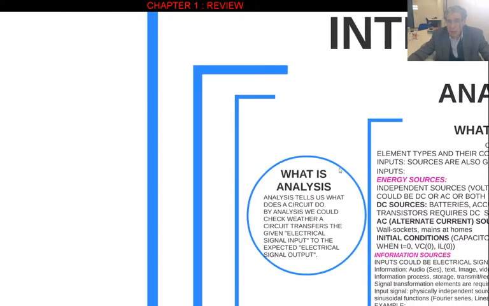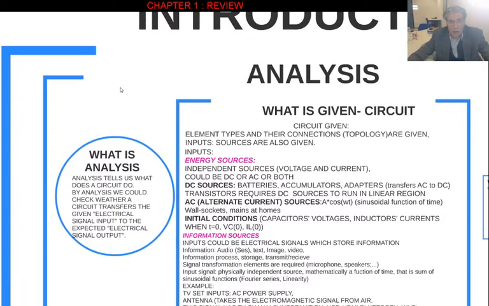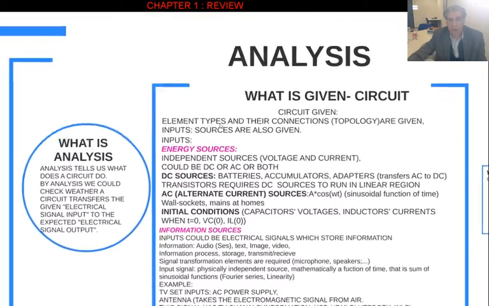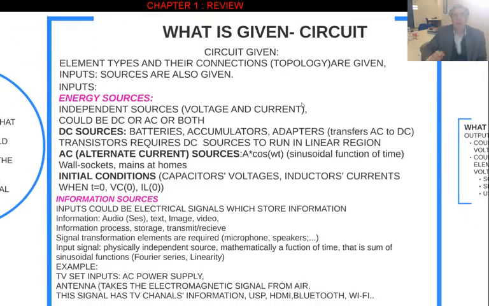So let's go inside what is given at the beginning of an analysis. When you say we are going to analyze the circuit, there should be something given to us. What is this given to us? It is the circuit. Circuit is given means what? It is explained here.